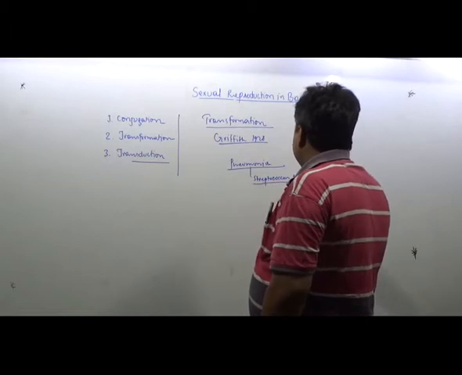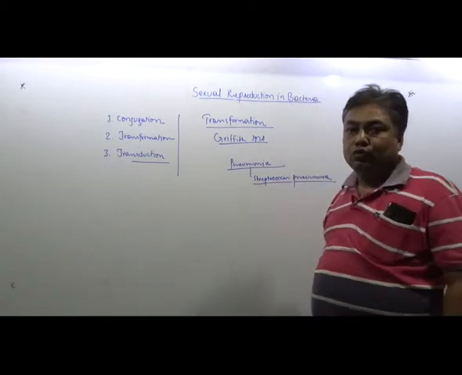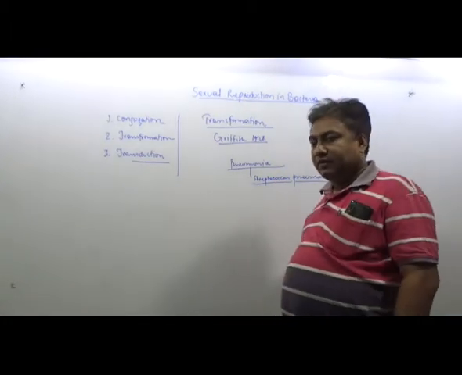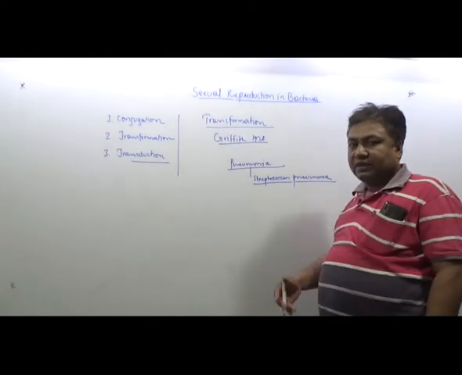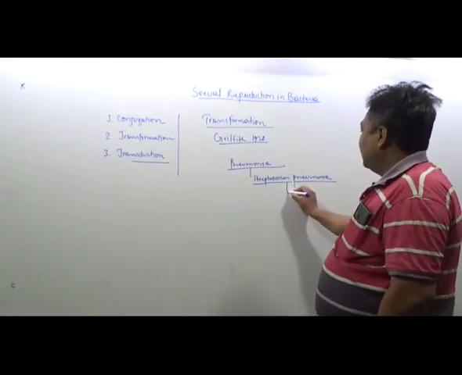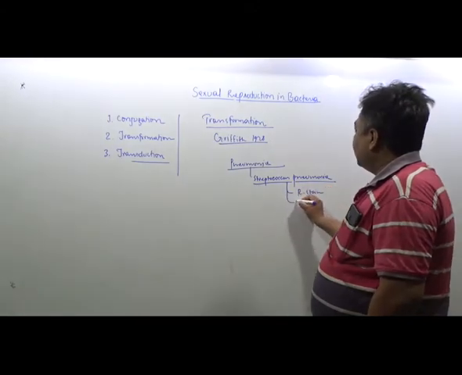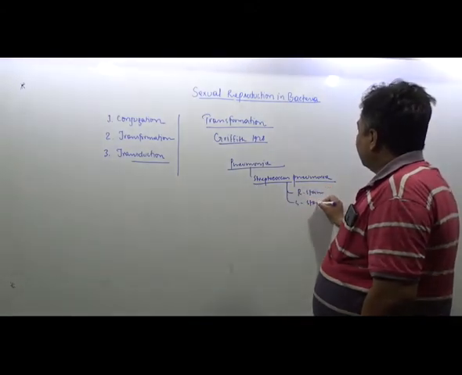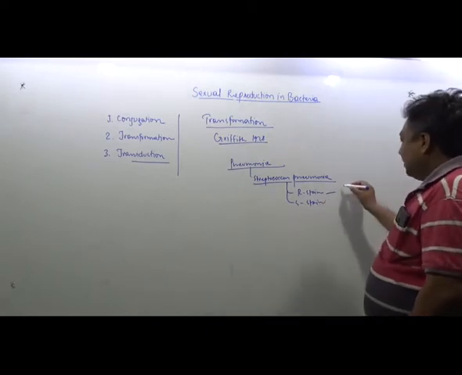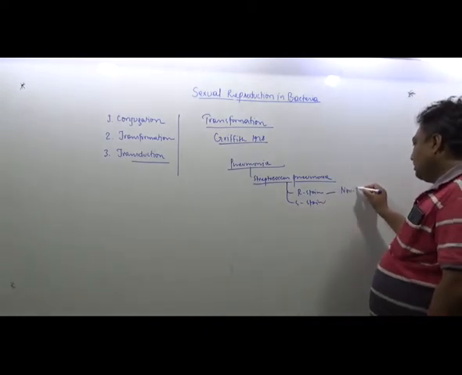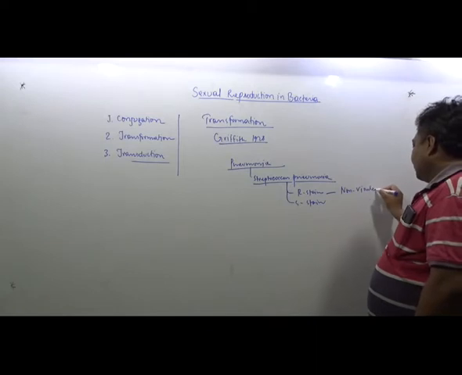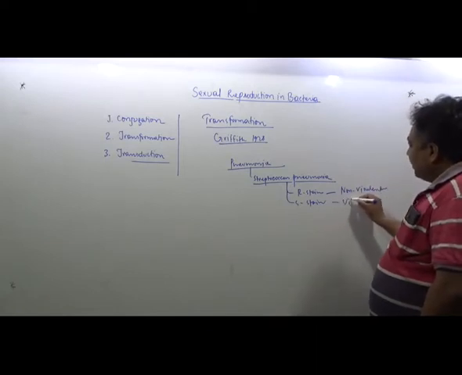Now, this had two variants, two types of strains. One was the rough strain and the other was the smooth strain. The rough strain was non-virulent and the smooth strain was the virulent form.